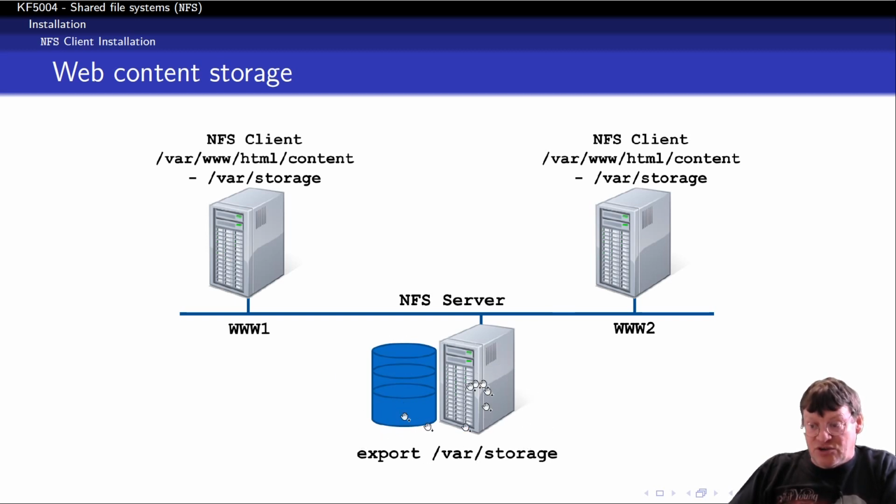So in this server, if you go to /var/storage, you will see all the files that are loaded by either of the servers, but each server will also see the files that the other server has uploaded. So if a browser comes in and uploads a file, and the application says store it, it will put it into this location. If the next time they connect, they hit this server and they say read the file, that file will still be available. We've shared the content.